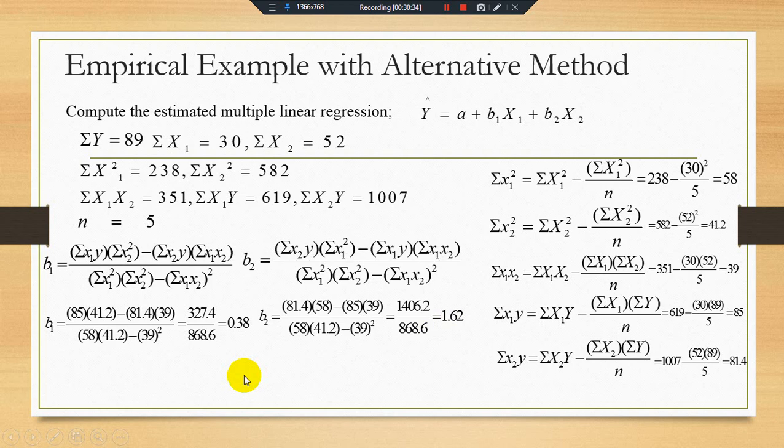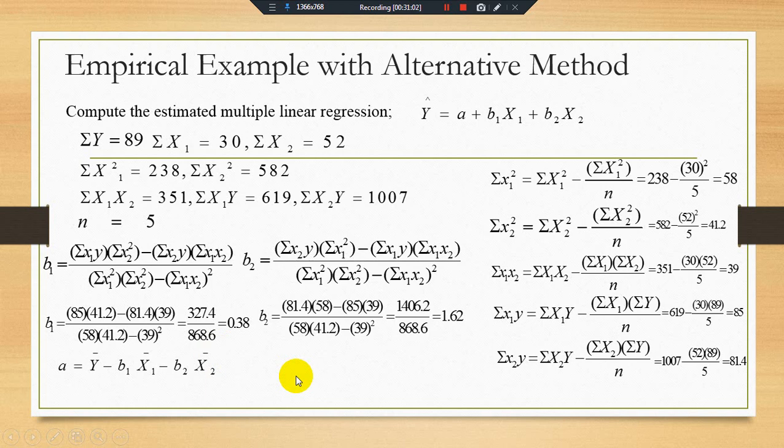Now we have to find A, and we know A is equal to y bar, the mean value of y, minus b1 x1 mean minus b2 or beta 2 x2 mean.